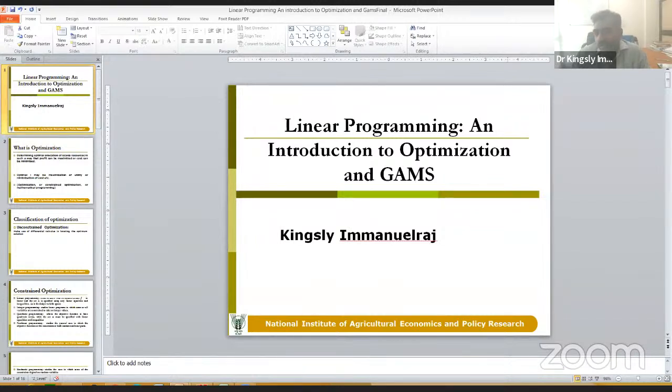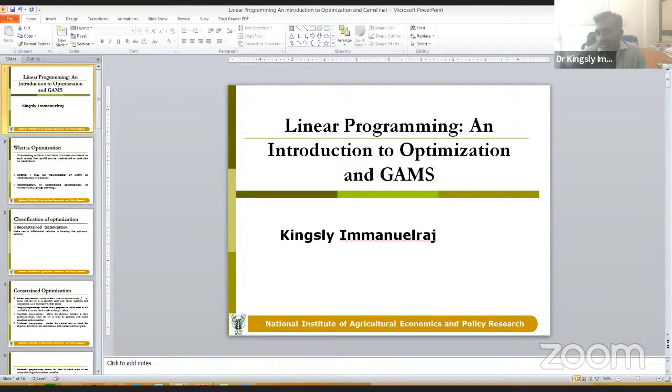It may raise a question: why study linear programming when very few researchers are using it? But maybe that is not the right question. We have to ask what name it is being called nowadays. Once it was called linear programming, but now it's called mathematical programming or optimization.